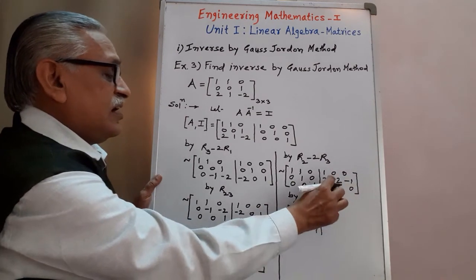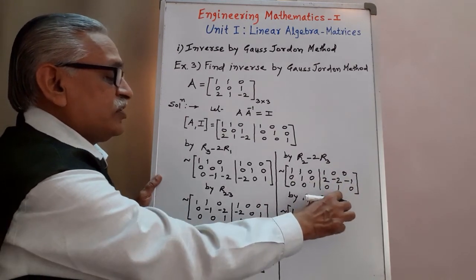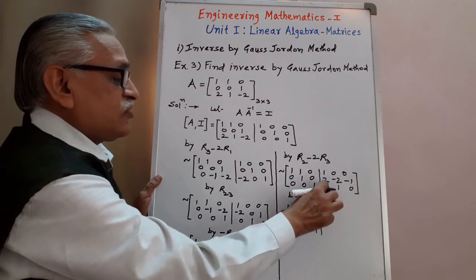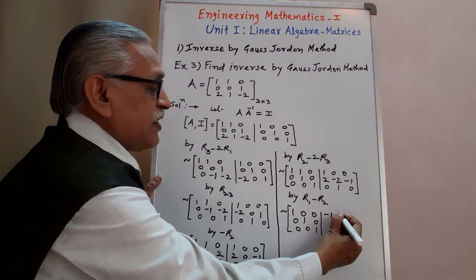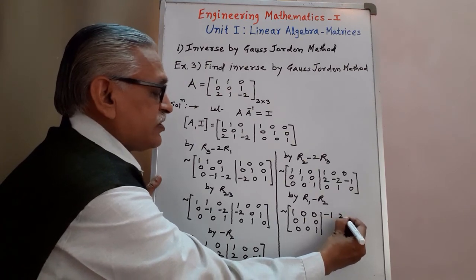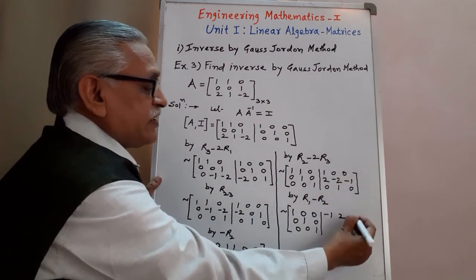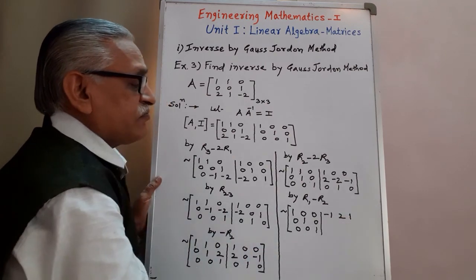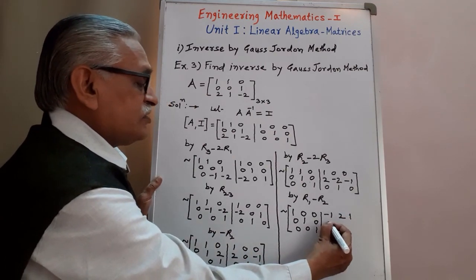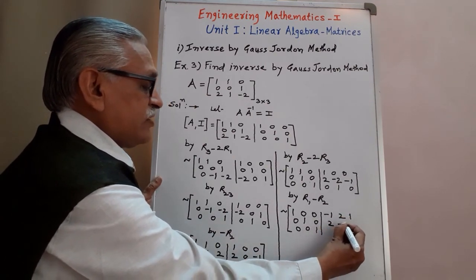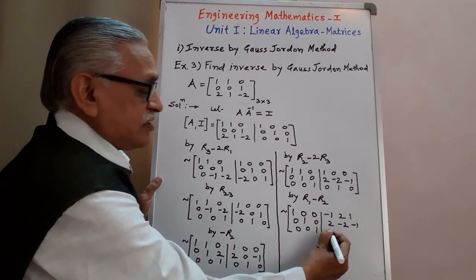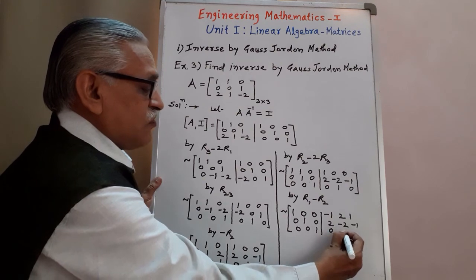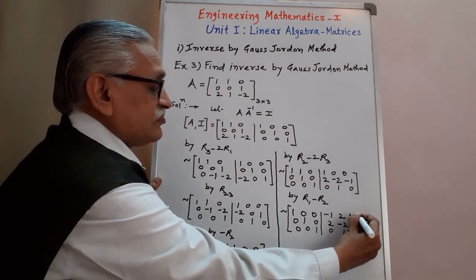And applying this same on this, R1 minus R2: 1 minus 2, we get minus 1, 0 minus minus 2, we get 2, 0 minus minus 1, we get 1. Second and third row no change, 2 minus 2 minus 1, and third row 0 1 0.